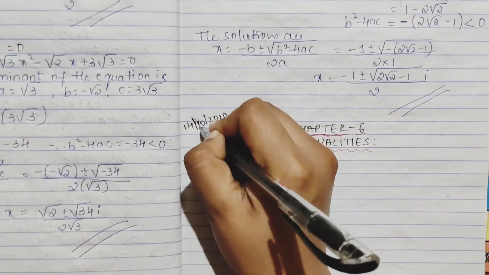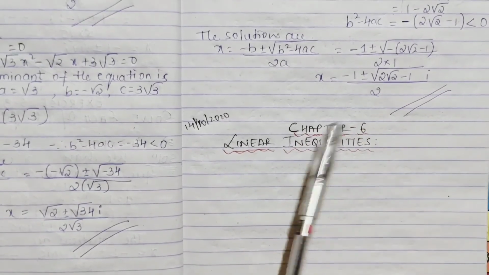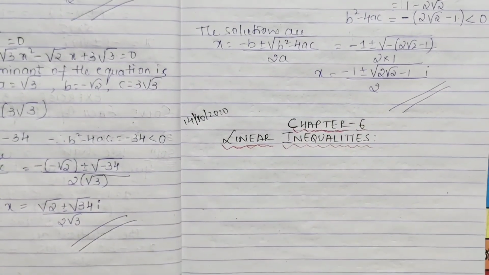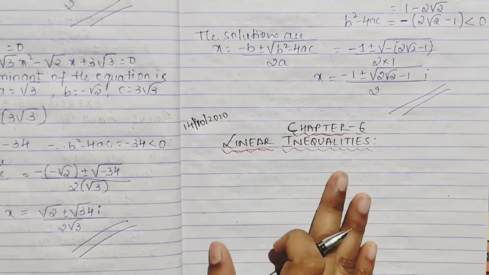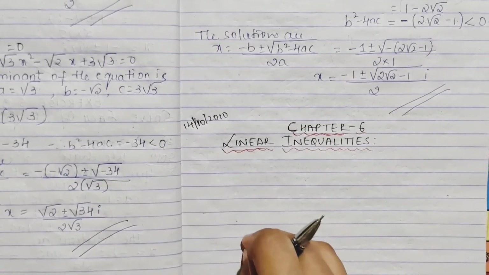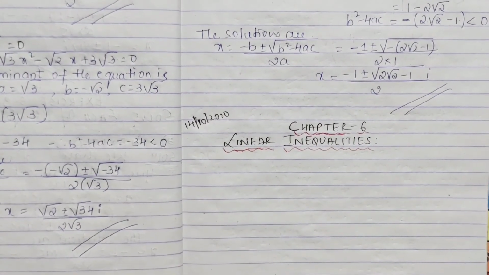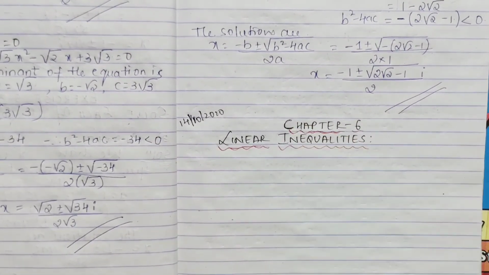So today I have come with our next chapter, number 6, linear inequalities. As you can see, this is a very easy chapter, and a very important chapter too, because what you're studying, your linear inequalities, will be useful in your +2 level also, that is, in your second year.